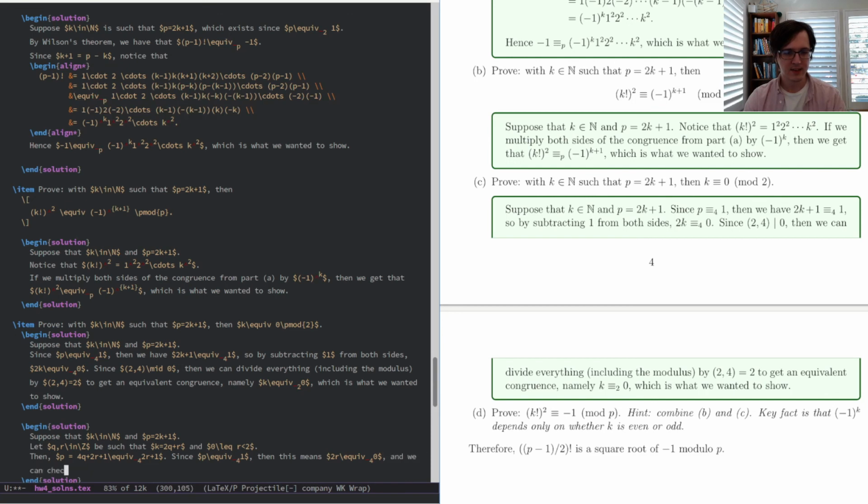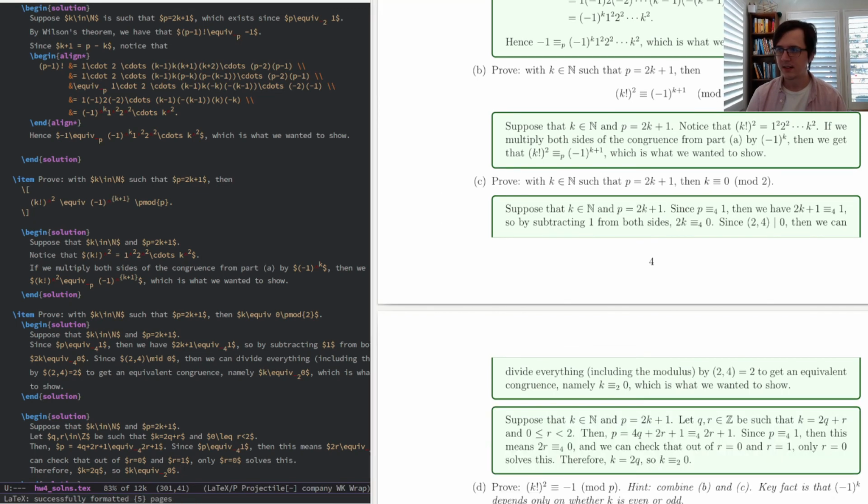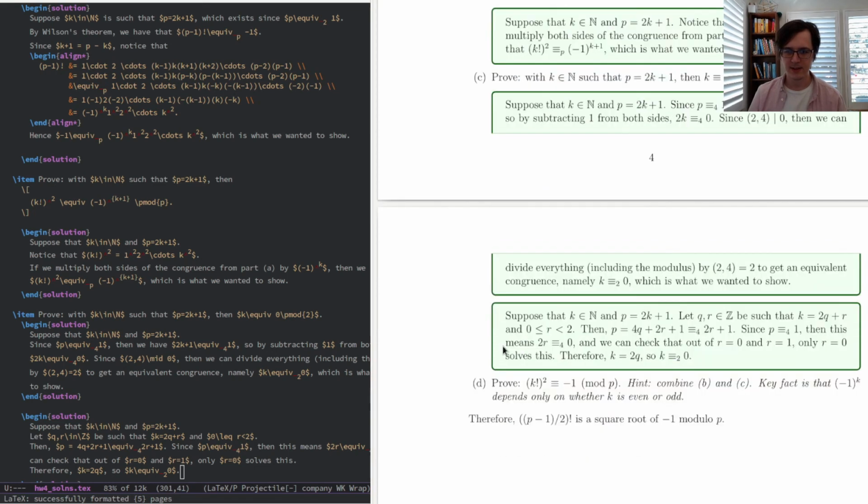And we can check that out of r equals 0 and r equals 1, only r equals 0 solves this. Therefore, k equals 2q, so k is equivalent mod 2 to 0. That's another way we can argue that. The world is your oyster.